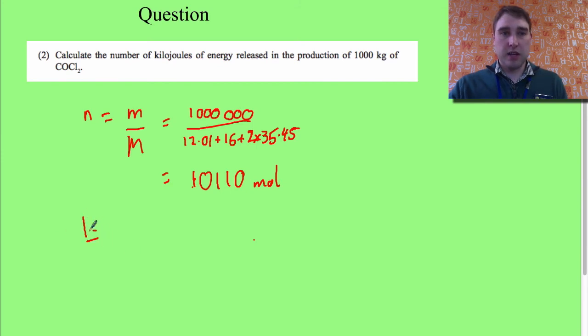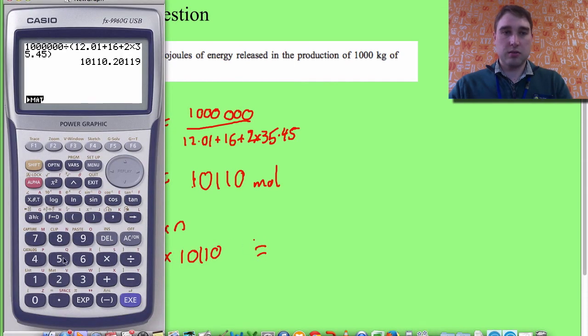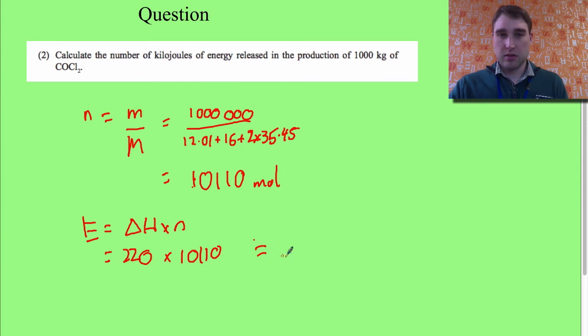Our amount of energy is going to be our delta H times our number of moles. The delta H value from back here was 220, so 220 times our answer. And we get 2,224,244 kilojoules.